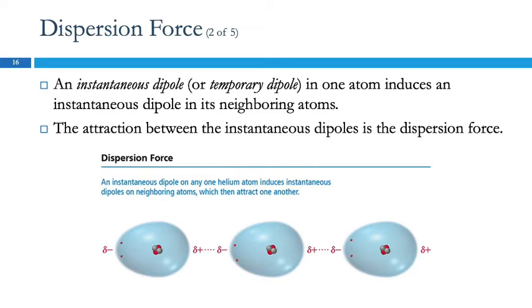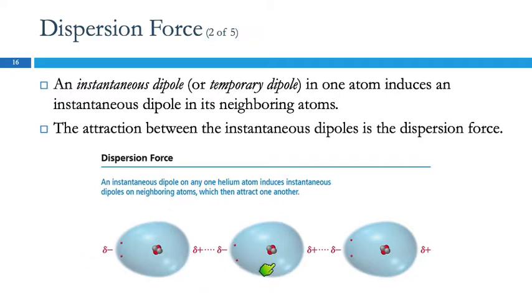So we call that lopsidedness an instantaneous dipole, or a temporary dipole. So here we've drawn it a little more lopsided. So here's the 2 electrons over here. They just happen to be over there. And so this end is partially negative and this end is partially positive.